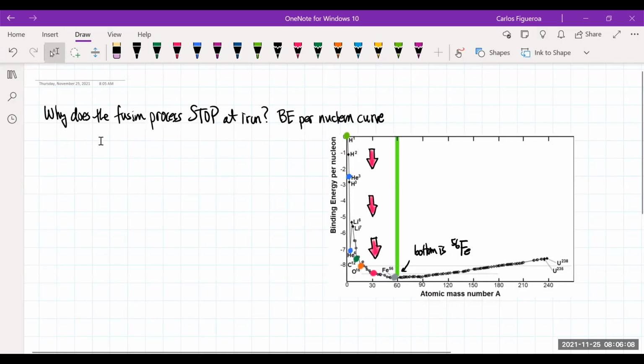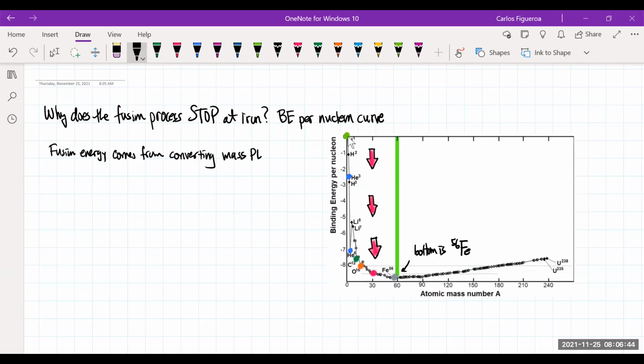So why does fusion stop at iron? And the answer is that fusion energy comes from converting mass potential energy into radiant energy.